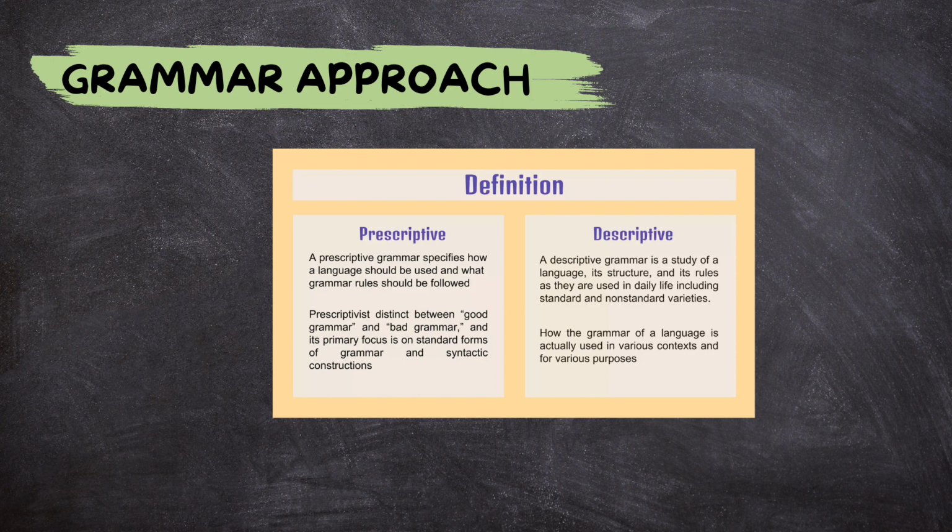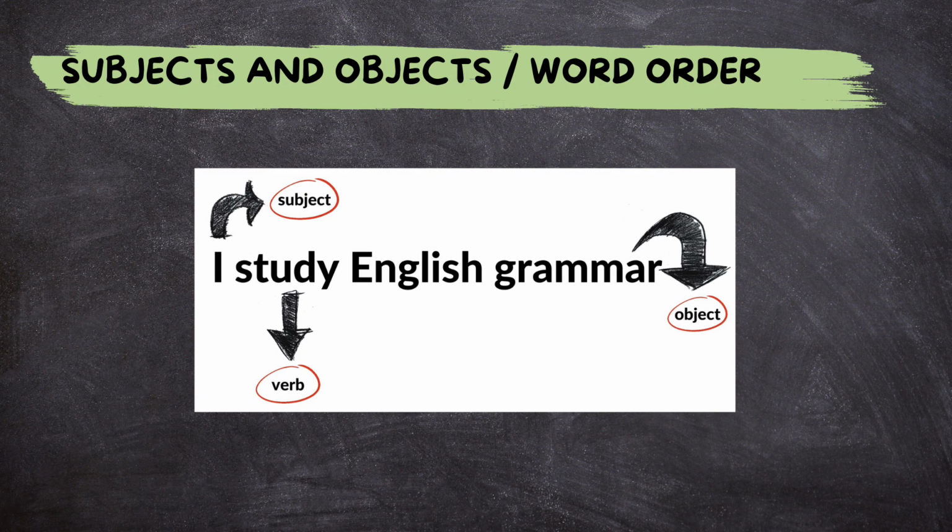And finally, we can't forget about word order and subject and object. In English, sentences start with a subject and are immediately followed by a verb. In a question, this order is switched. For example, she is a friend or is she a friend?